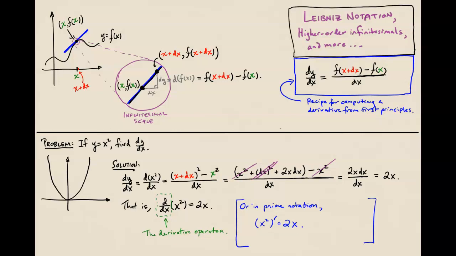One thing I should point out is that it's generally considered tacky to combine Leibniz notation and prime notation in the same problem, so try to avoid doing that. I usually find that students gravitate towards prime notation in the beginning because it looks so simple. You just put that little prime there and voila, that's it. It's the derivative. Whereas the Leibniz notation has all sorts of different variations and it seems kind of fussy.